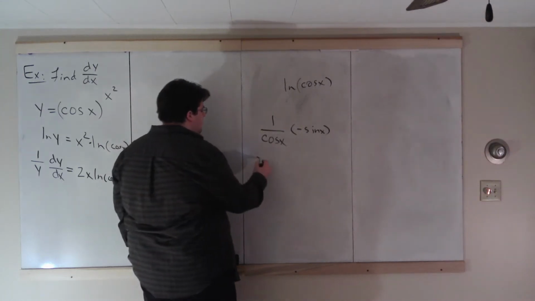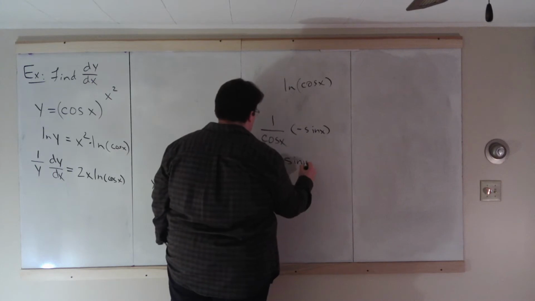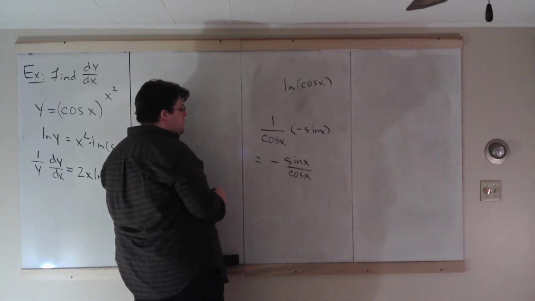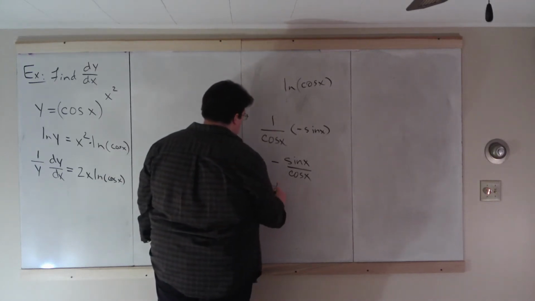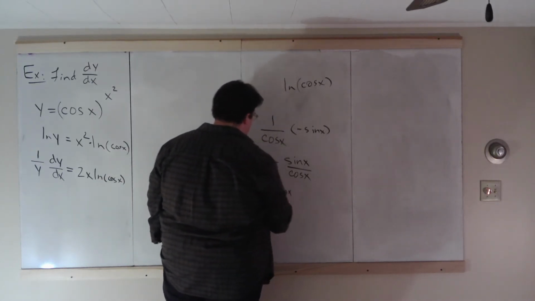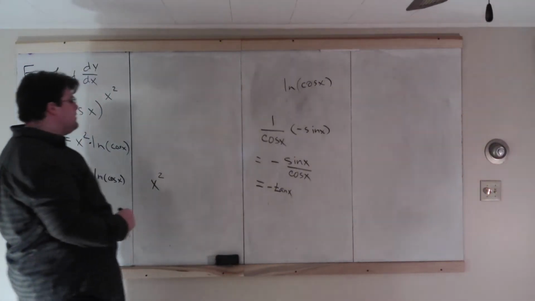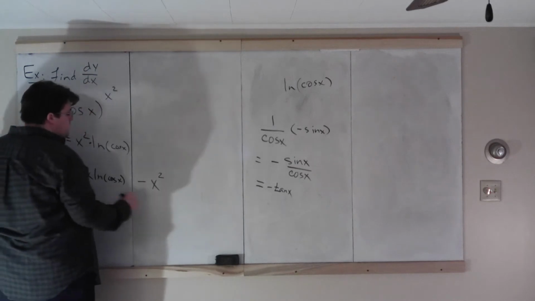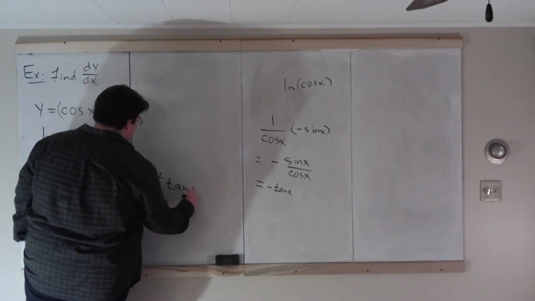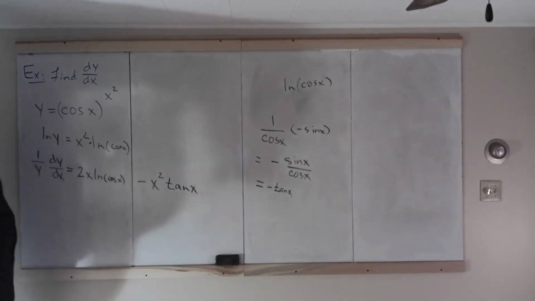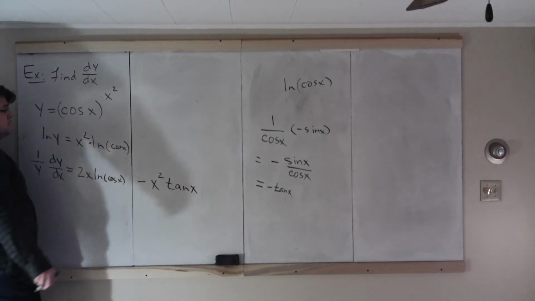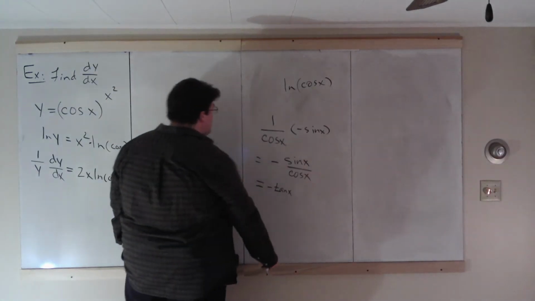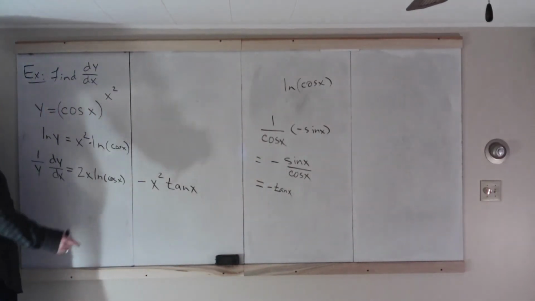What does this simplify to? Negative sine x over cosine x, negative tangent of x. So derivative of x squared is 2x. Derivative of log cosine is negative 1 over cosine times sine. So negative tangent of x.